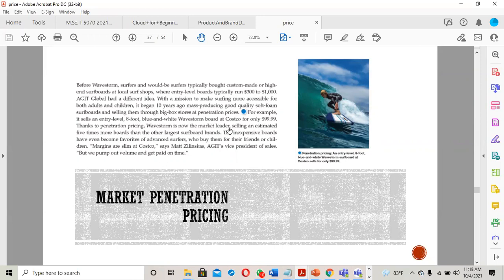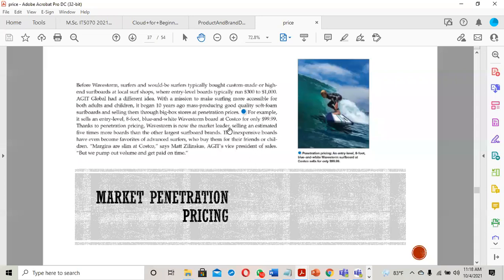And this strategy really worked. Many people gave up on other brands they had been buying and started buying surfboards from Agit Global. They set a new price in the surfboard market by introducing this quality product, which they started selling at a lower price.